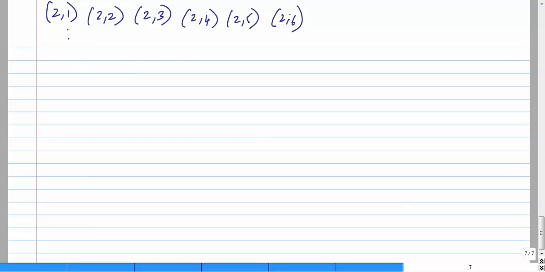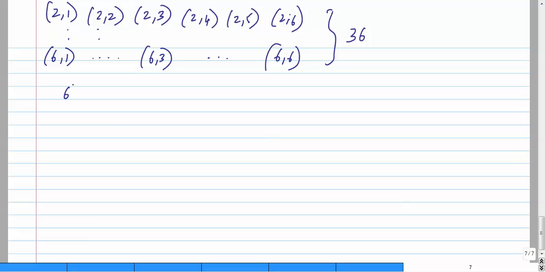I can go down. Finally, I'll come to 6 1, 6 3, 6 6. So how many outcomes do I have totally? I have 36 outcomes. What is 36? 6 to the power 2. So if I have 2 dice, then the total possible outcomes are 6 power 2.